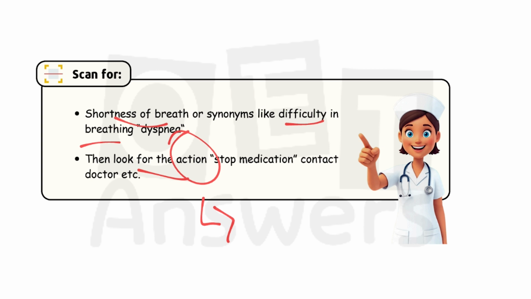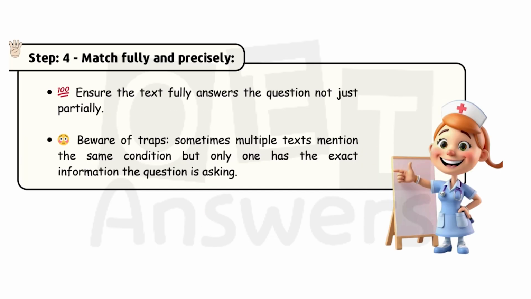These two are the interventions. What to do indicates these two interventions only, and shortness of breath is the main keyword. So you are seeing both keywords in the particular passage. Almost the whole question matched with the paragraph, which means that is the right text. Clear? In step number 4, I'm going to explain in detail.